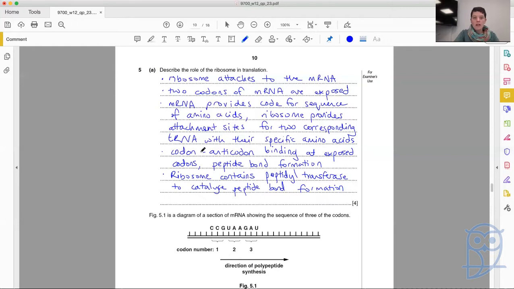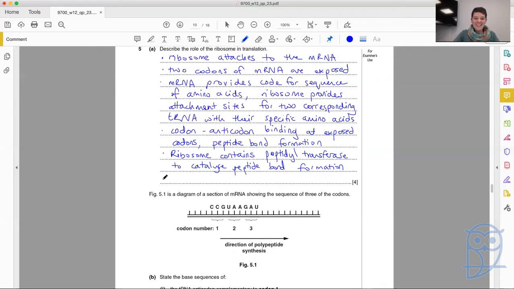With my big ugly online handwriting, I've run out a bit of space, but with normal handwriting we'd be doing quite nicely. Once we've got that peptide bond formation, the important thing is the ribosome moves on 1 codon at a time.